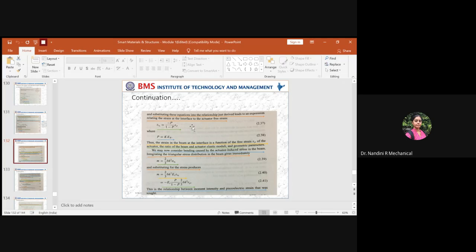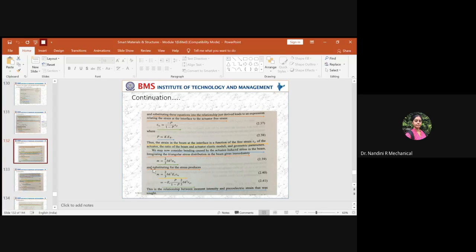Once you have got this across the interface, you should tell what you mean by P, which has two factors. One speaks about the elastic modulus ratio, and the other speaks about the constant of proportionality, which is a dimensionless number. Once you tell that P is equal to K times ER, you have to show the integral triangular distribution of the stress across the structure, across the beam and the interface.